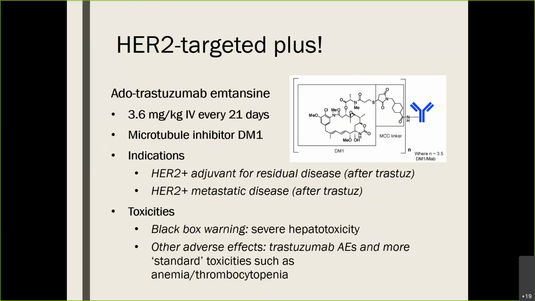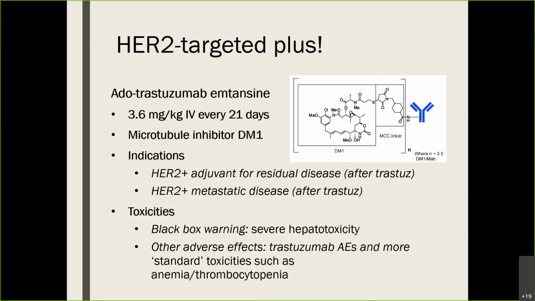Dosing's on the slide here, 2.6 milligrams per kilo IV every 21 days. This is indicated in HER2-positive disease, residual disease, or metastatic disease after the use of standard trastuzumab. We do have black box warnings here for severe hepatotoxicity, which led directly from that microtubule inhibitor DM1.